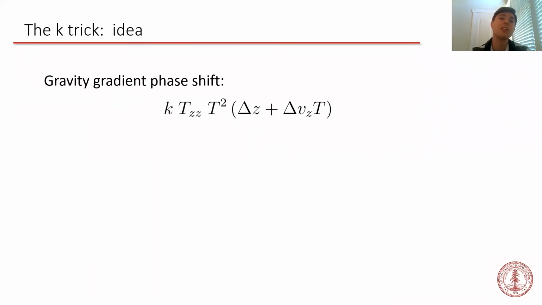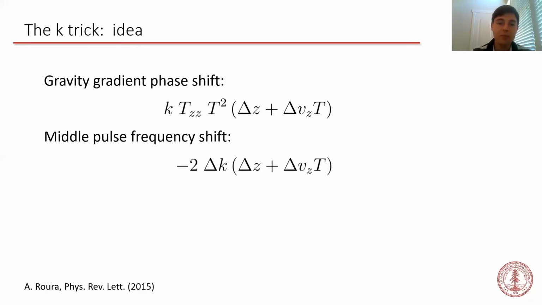So how do we make the interferometer insensitive to the gravity gradient? To lowest order, the differential phase shift due to the gravity gradient is given by this expression here, where delta Z is the initial position difference between the two isotopes, delta VZ is the initial velocity difference, and this TZZ is the gravity gradient.